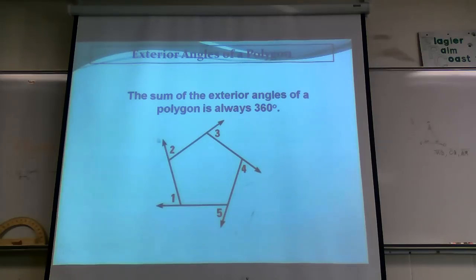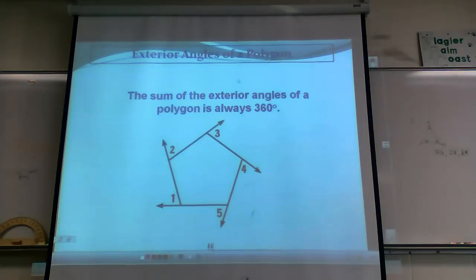And we talked about this. I said, if I took all of these and broke them apart, like if I took angle 1 and put it next to angle 2, and put those next to angle 3, angle 4, and angle 5, they're always going to make a circle. It doesn't matter how many sides they have.